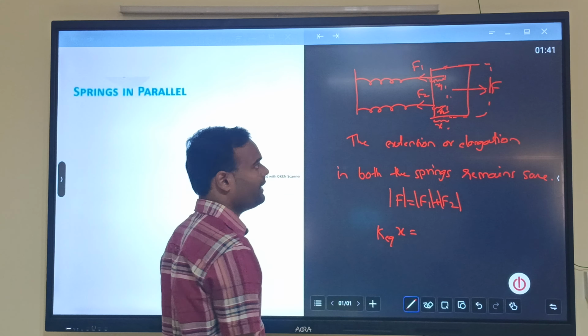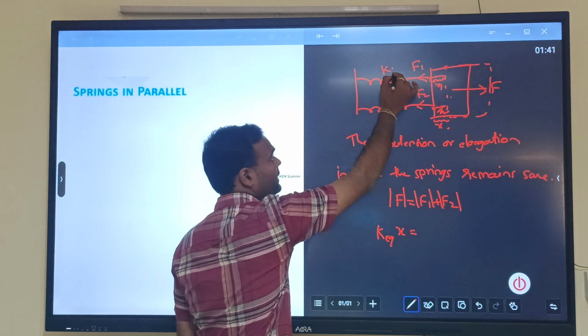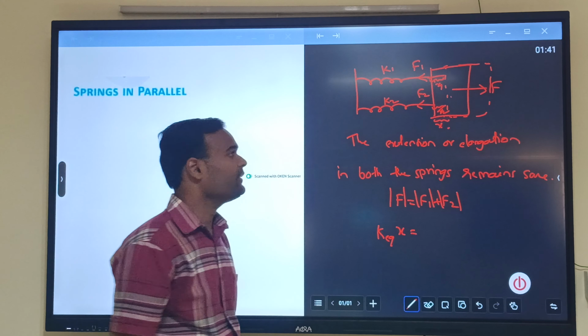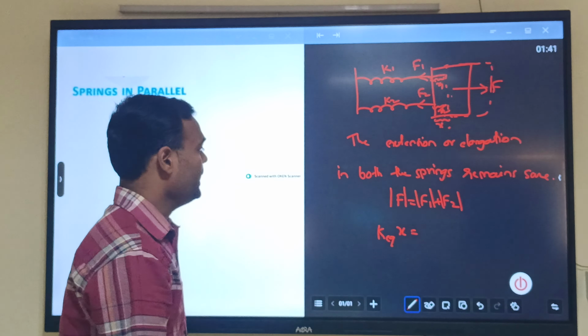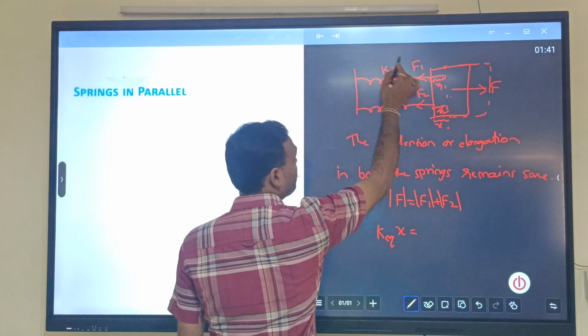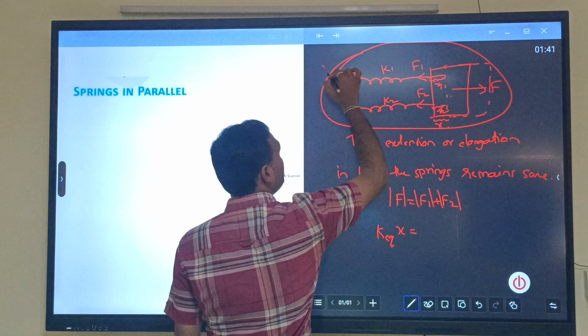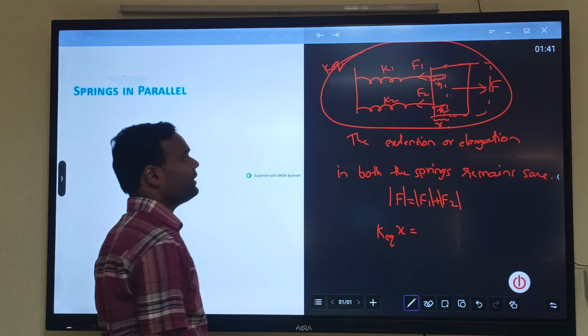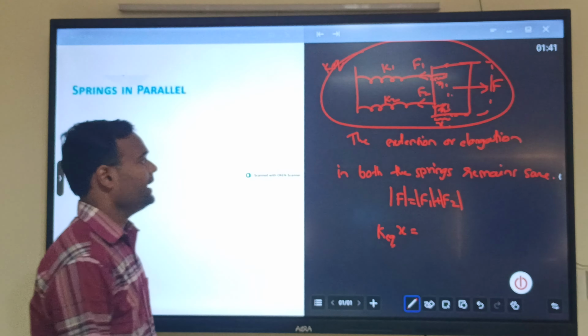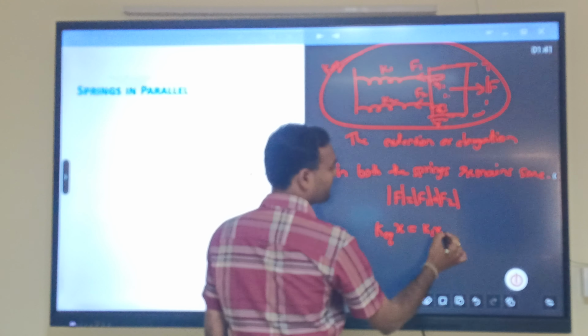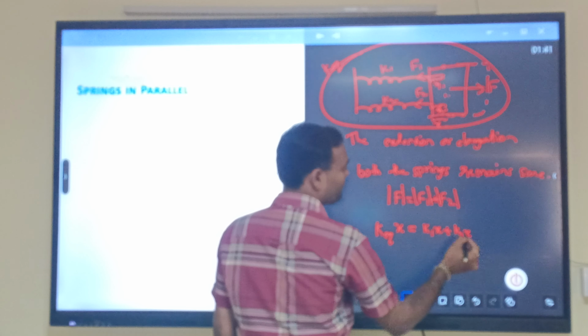The first spring has K1 as its spring constant, and the second has K2, right? And K equivalent for the whole system, what is the equivalent K value? That's what we are going to find. And the extension in the springs remains the same. F1 is equal to K1 x, F2 is equal to K2 x, right?